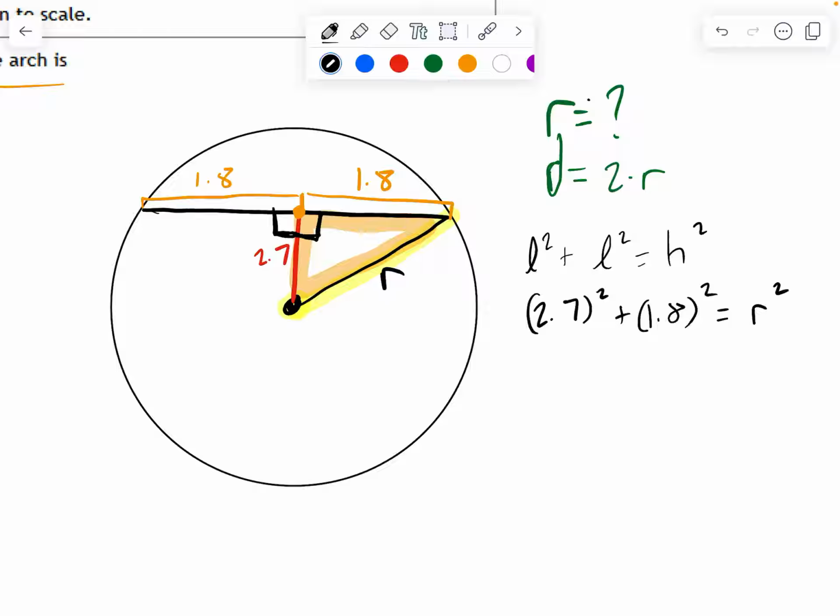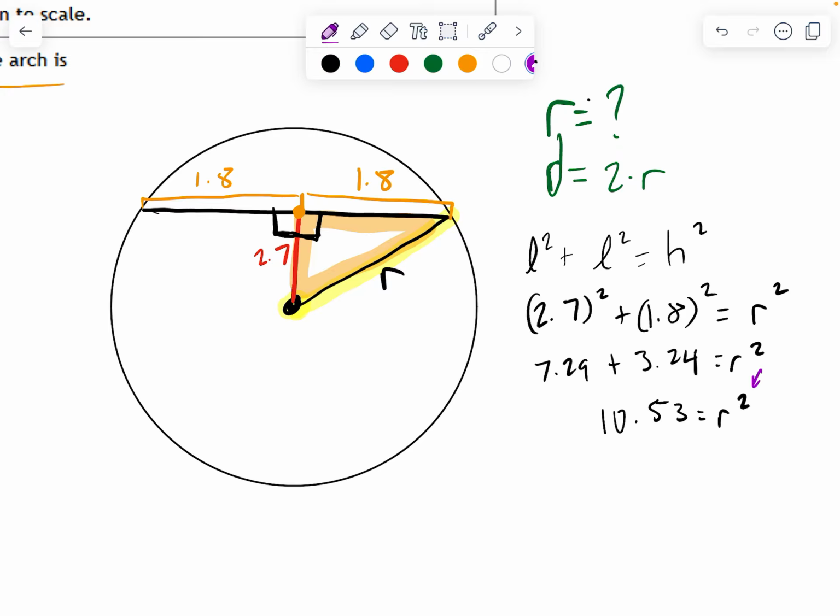And then we just have to simplify. In the calculator, 2.7 squared gives 7.29, and 1.8 squared gives 3.24, equals r squared. Combine those two numbers together, so 3.24 plus 7.29, and we get 10.53 equals radius squared.